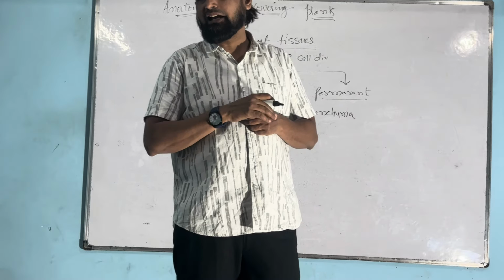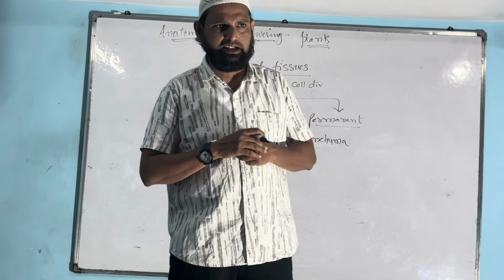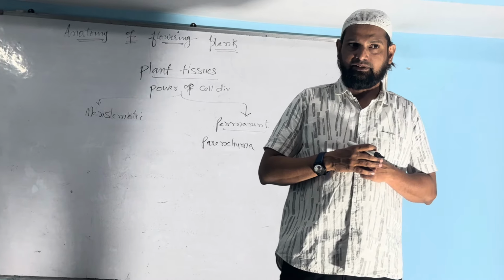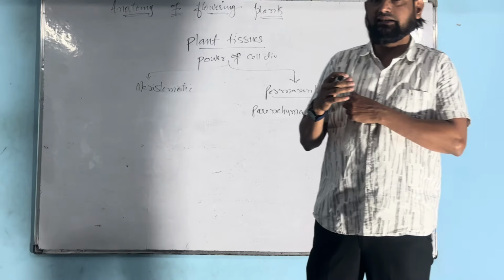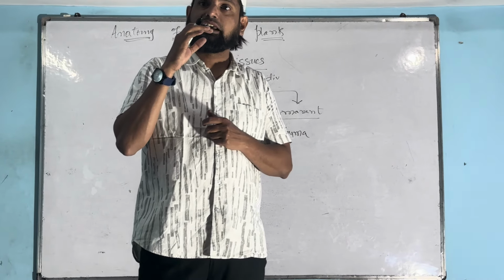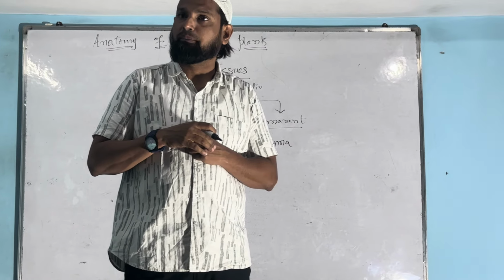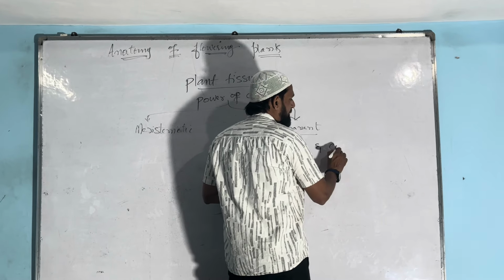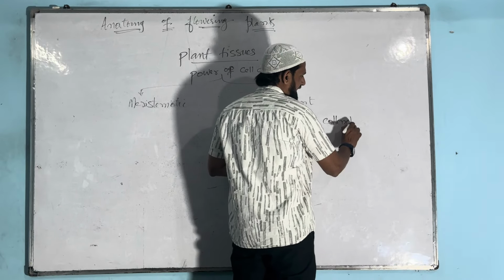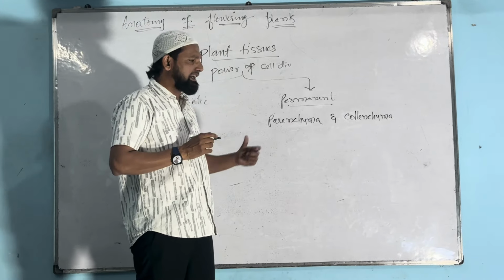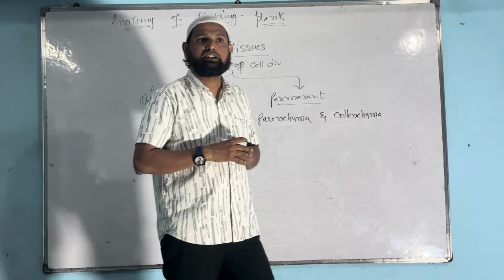If you take the example of the dicot stem, that is medullary rays, then cortical cells, endodermal cells, and one more cell, but that is not made up of parenchyma, that is made up of collenchyma, that is hypodermis. So in the dicot stem, parenchyma cells regain the capacity to divide.